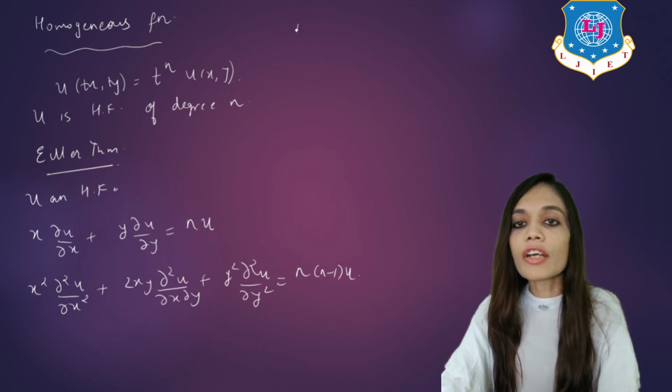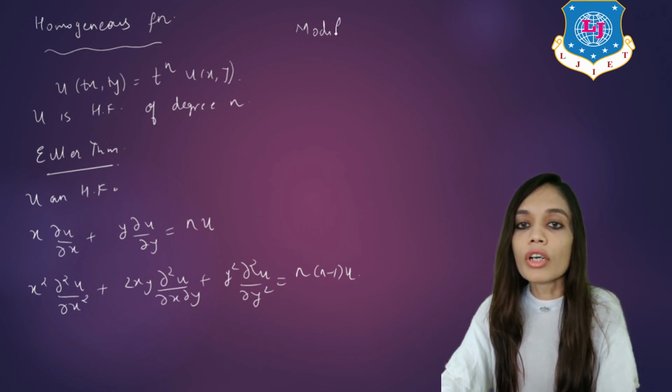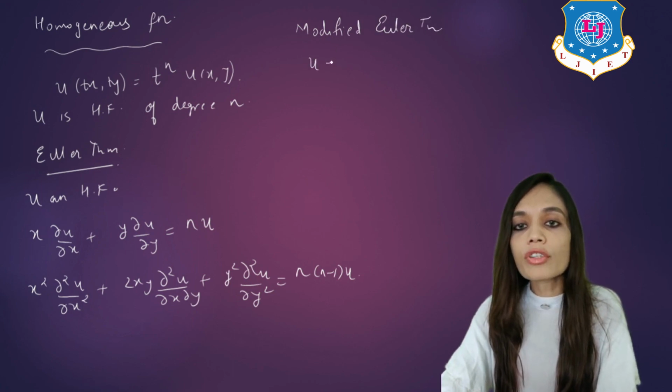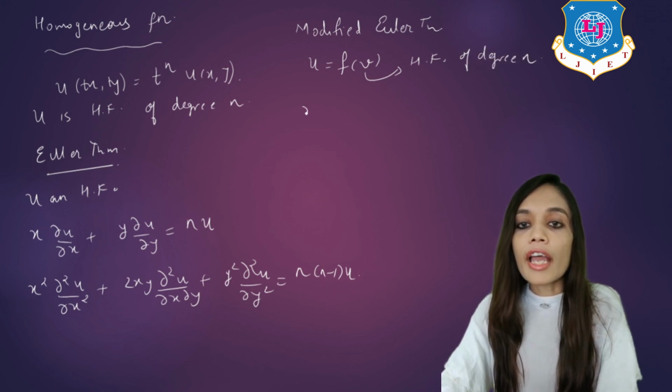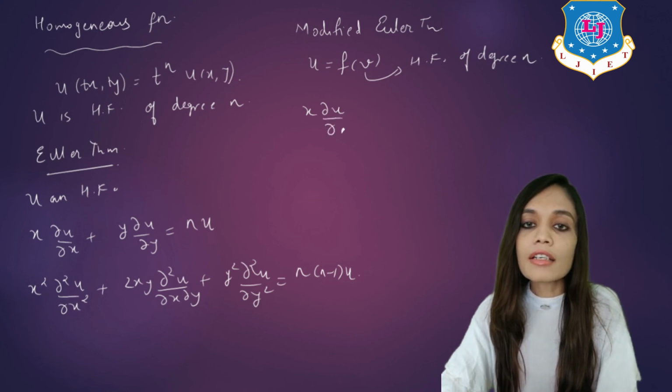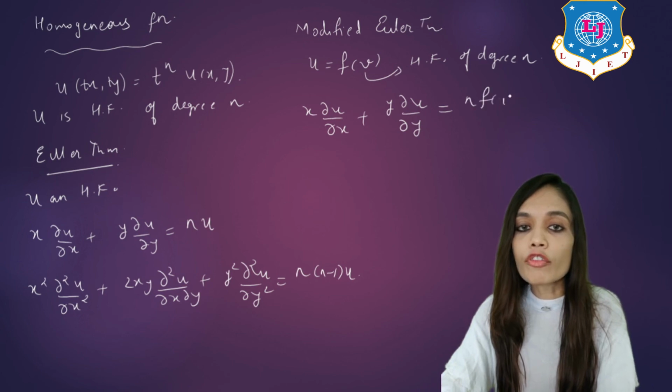And lastly we have studied modified Euler's theorem. Here u is a function of v, and v should be what? A homogeneous function of degree n. Then x del u by del x plus y del u by del y will be equal to n f of u upon f dash of u.